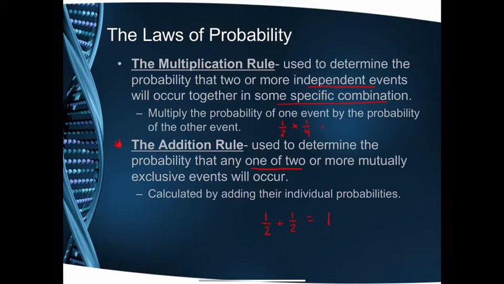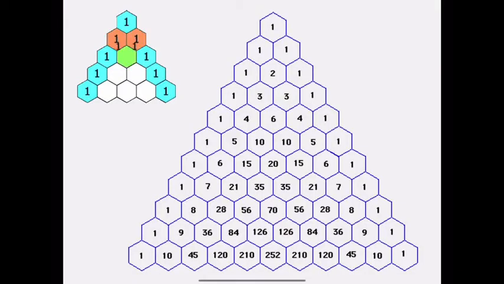When you multiply that together, you get 1/8. So having a child that is both a boy and has a hitchhiker's thumb is 1/8, okay? So a little bit of difference there in whether you multiply, if you're looking at two things together, or add, when you're wanting any of those combinations, okay? That's the multiplication and the addition rule for probability.